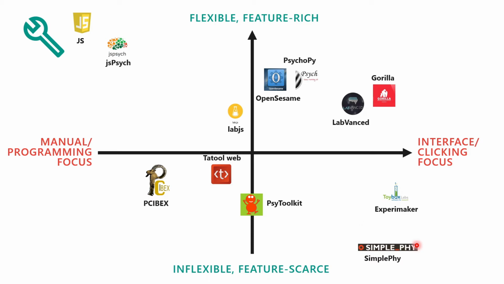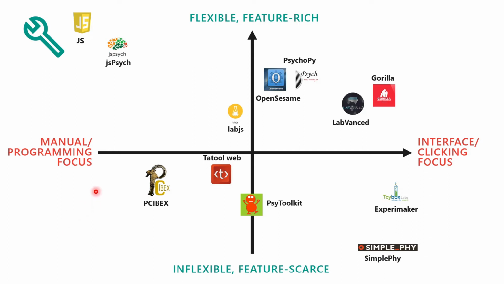For example, SimplePhi is a pretty new one, which was originally created for perception experiments and does not offer many features, but the author says this is their feature. Our feature is to not offer many features, to make it as simple as possible. And it's really not that complicated to set up an experiment with SimplePhi.